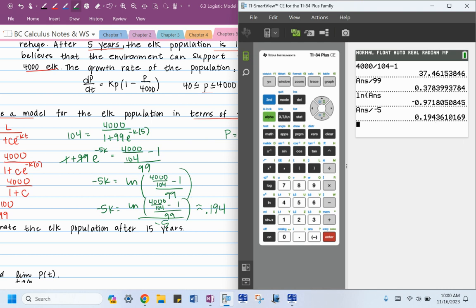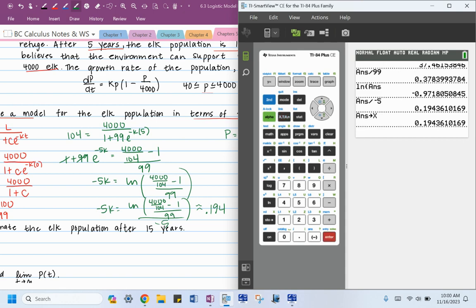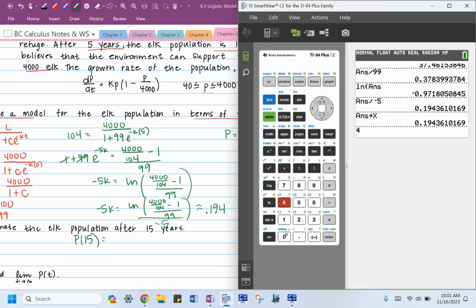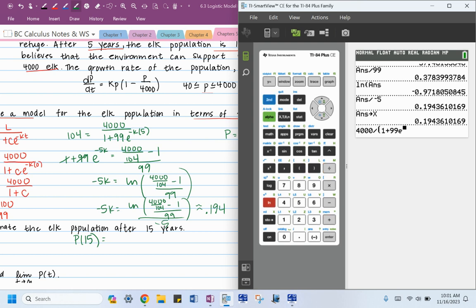And maybe you store this as X, so that when you go to type in P of 15, I can carefully say, all right, it's 4,000 divided by 1 plus 99 e to the k is the x value I just stored times 15. That's like my most precise value here.